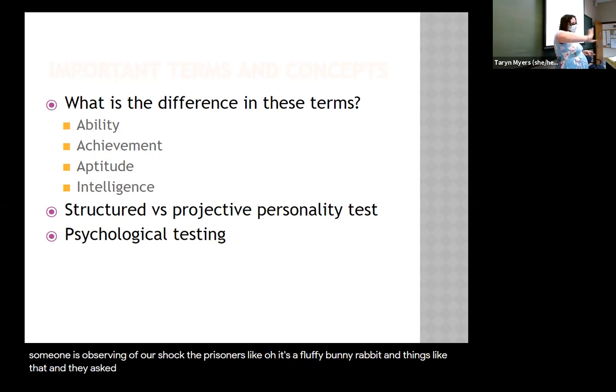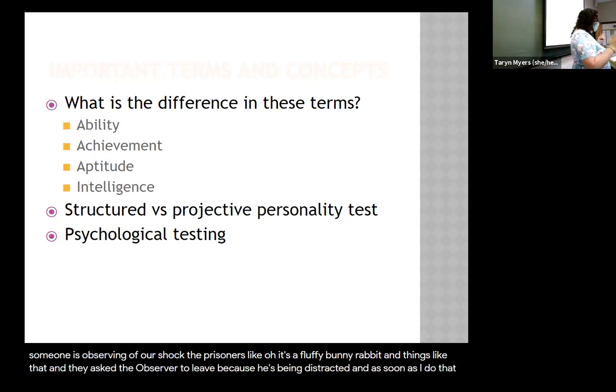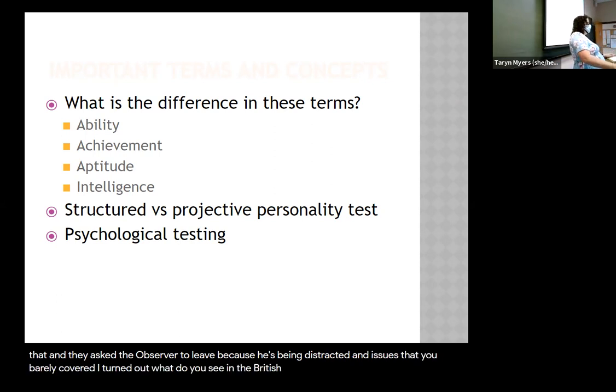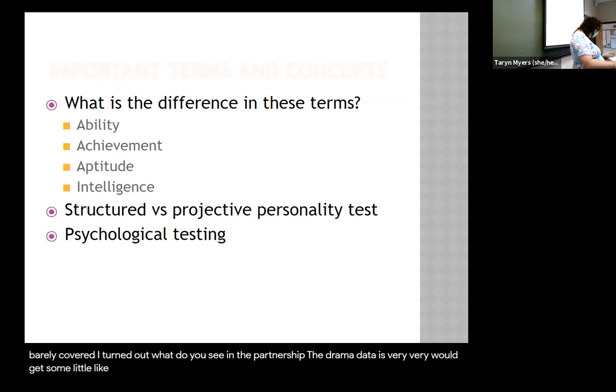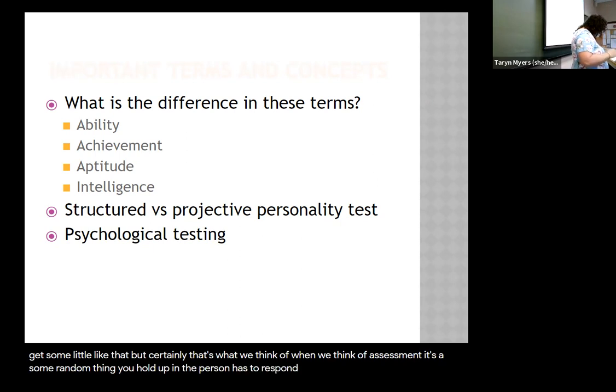And they ask the observer to leave because he's being distracted. And as soon as they do, they look over like, "What do you see?" And the prisoner answers. That's the dramatized version. It's very rare you would get something like that. But certainly that's what we think of when we think of assessment. It's like some random thing you hold up and the person has to respond to it.